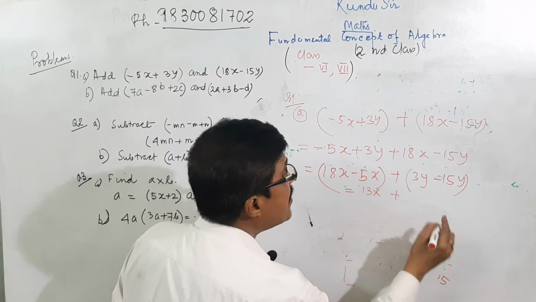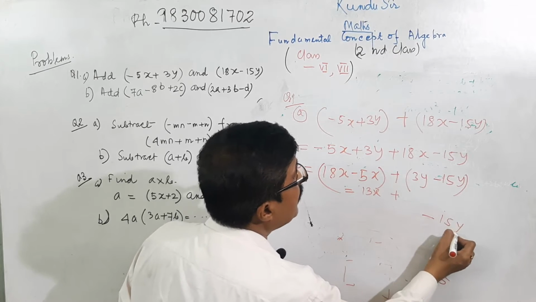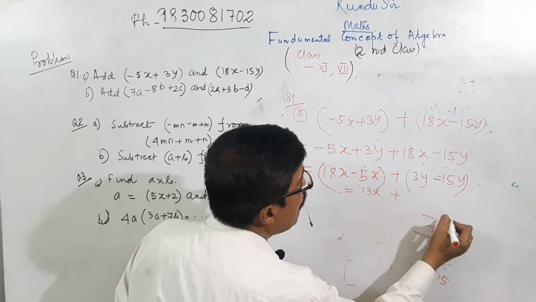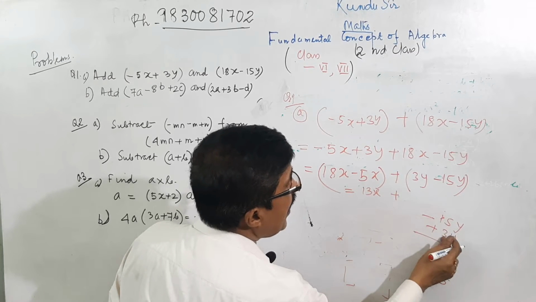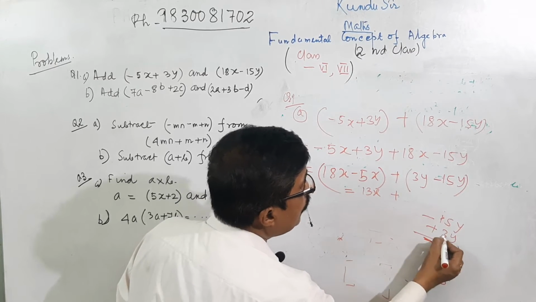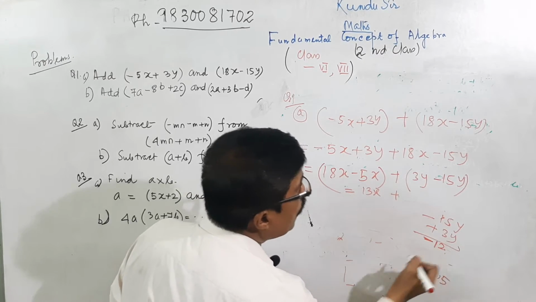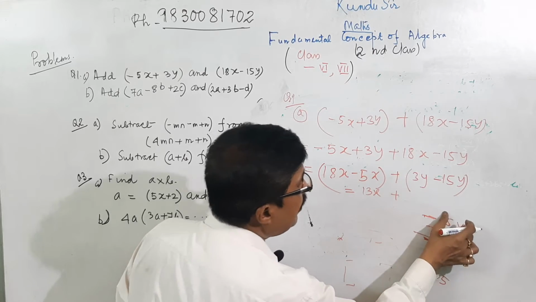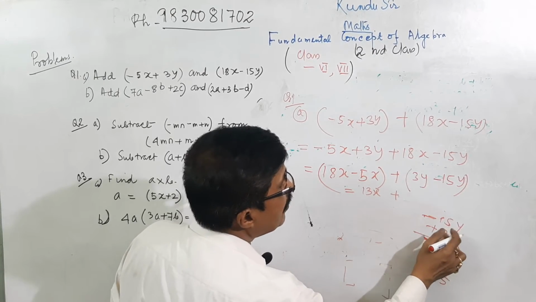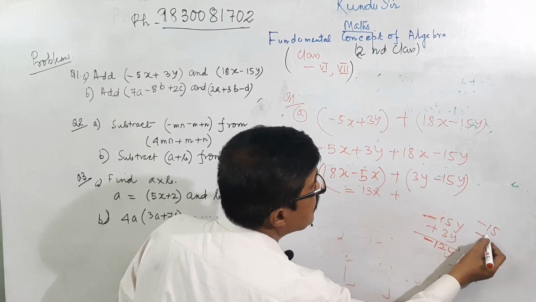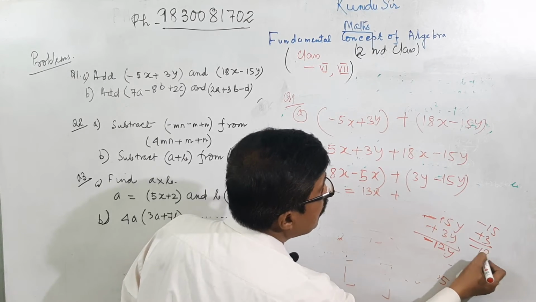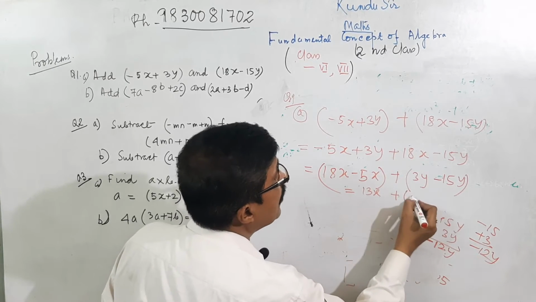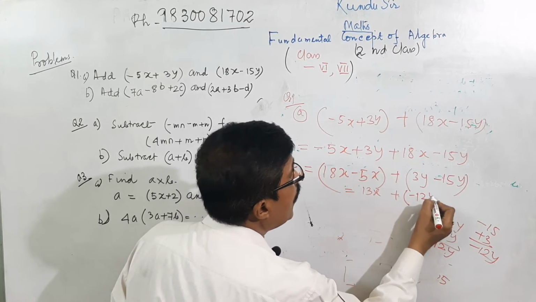Out of minus 15 we are adding 3, that is minus 15 plus 3, you know it is 12, and the literal term is y. So you should write here minus 12y.